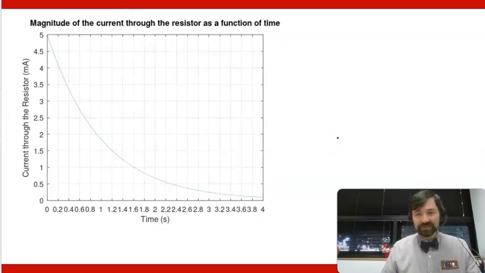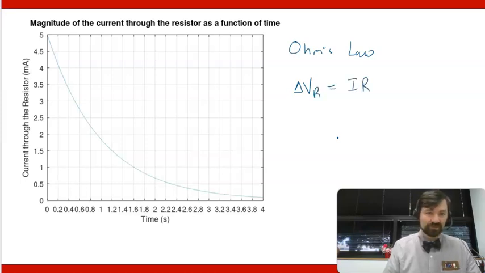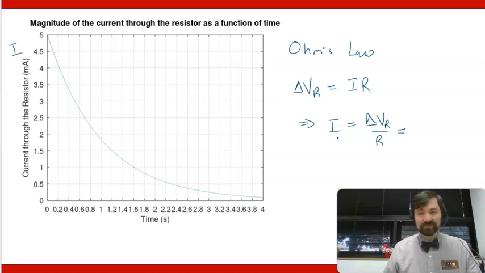Well, because Ohm's law is basically telling me that delta V sub R is I times R. This axis right here would be I. But that just means that I is delta VR over R, and we just established that delta VR is epsilon e to the negative t over tau.